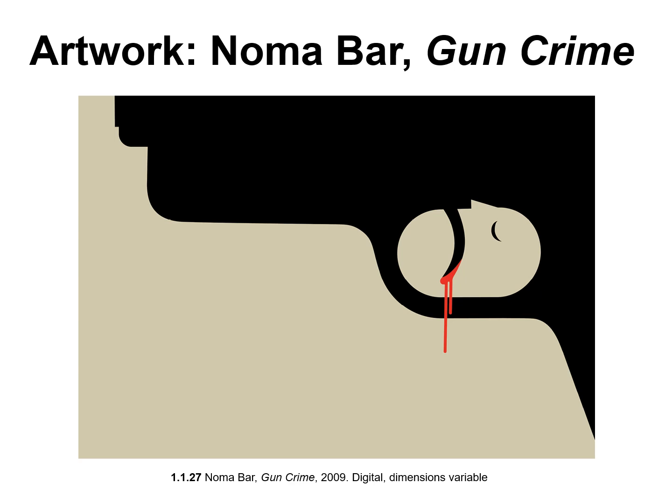In this case, you see that the positive shape is this black area which creates that silhouette of the gun. But then the negative space, which is this beige area around the gun, then becomes the face of a person who's dying. So, you have that contrast of positive and negative, and then the metaphorical idea of positive and negative.